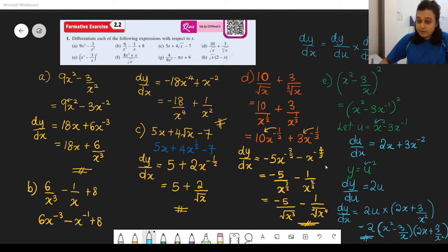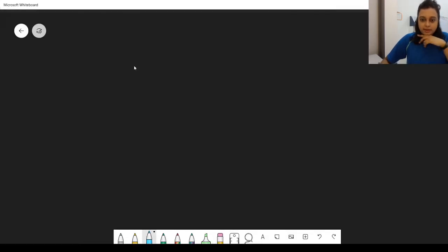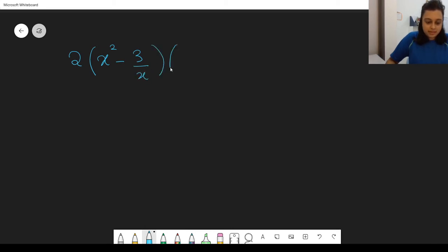If you want me to show, hold on, let me just open another whiteboard here. Let me write back what it was just now. So I show you how to do the expansion part. The answer that we got just now was 2 times x squared minus 3 over x, and then 2x plus 3 over x squared.